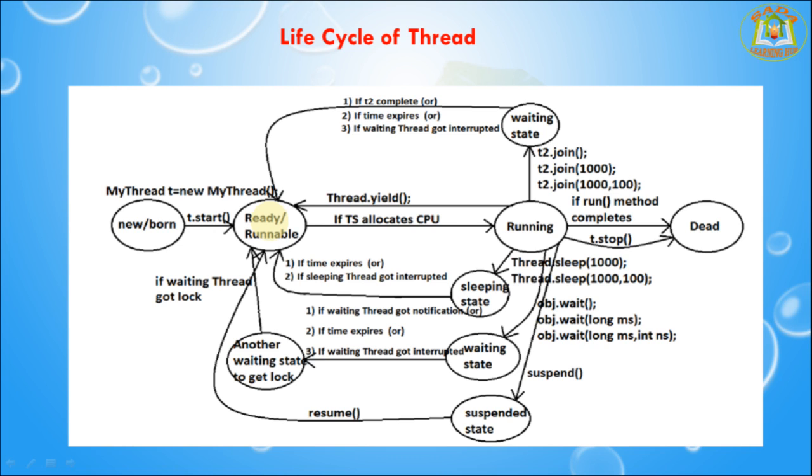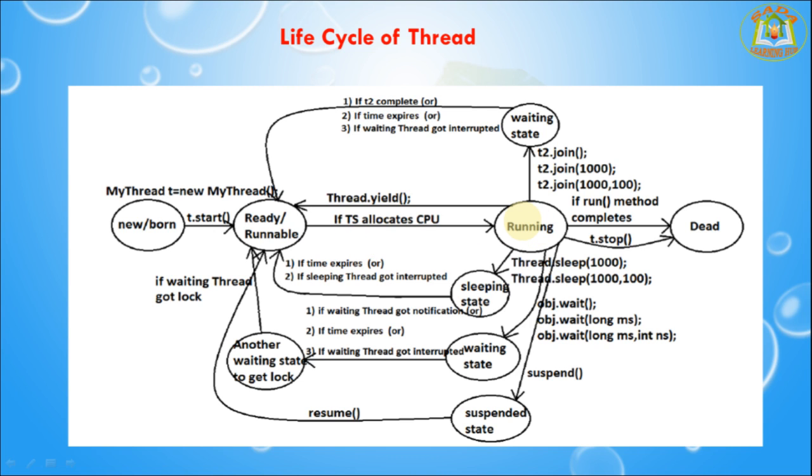In this state, the thread is active. This state can be compared to the paint method for applets. This is the ready or runnable state. Whenever we call the start method, depending upon the thread scheduling, it goes to the running state.